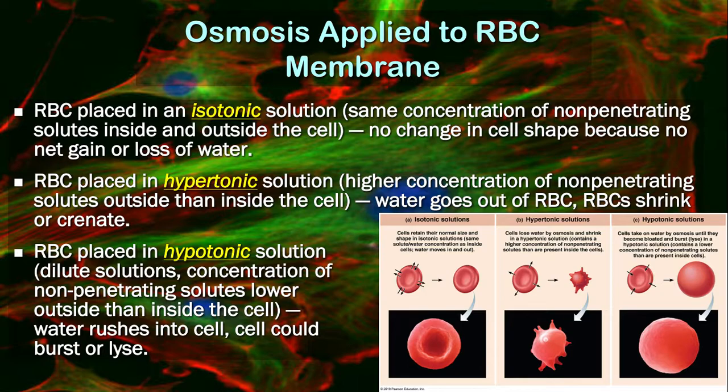So we may only have like 2 dots inside. But in the solution, we're going to have a lot, because it's a hypertonic solution. We have a lot of solute, a lot of salt. Salt pulls water. So which direction is the water going to move? Out of the cell.